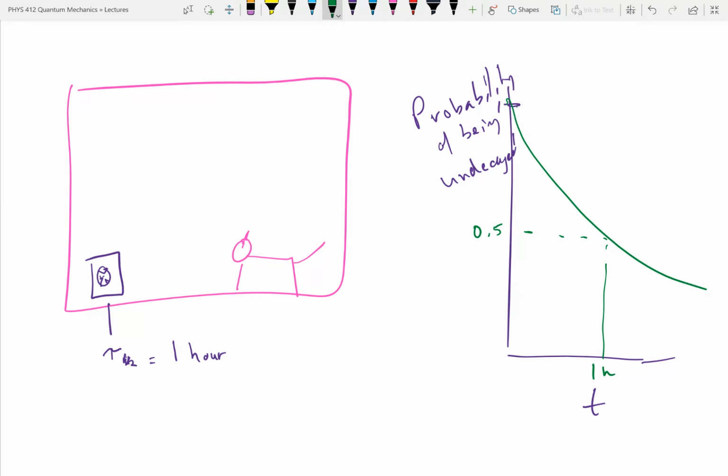It's dropped to 50% undecayed. So it's 50% undecayed, and of course, it's only a 2-state system, so it's 50% decayed. So if you do the probability of decay, it's just going to look like that. So they add up to 1.